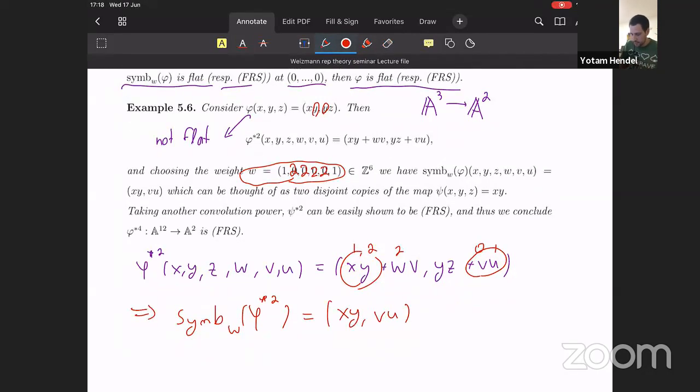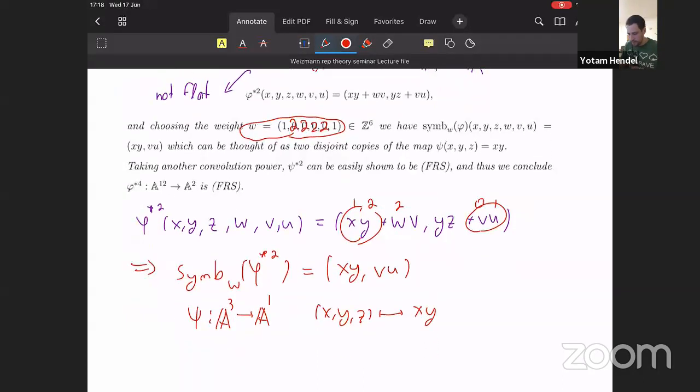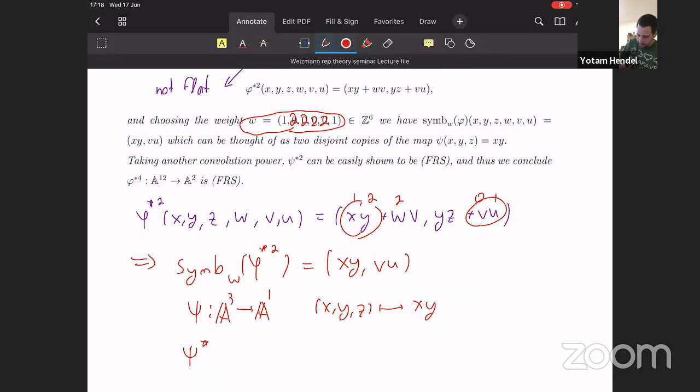Now this is something which is much simpler, and this is just 2 copies of a morphism from A3 to A1 by XYZ goes to XY, and it's not hard to show that taking one convolution power of this guy with itself, so, you know where this goes.